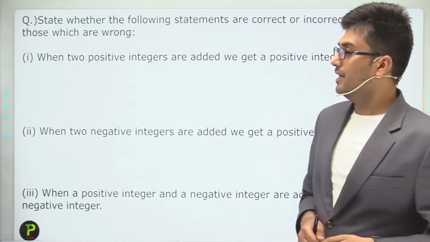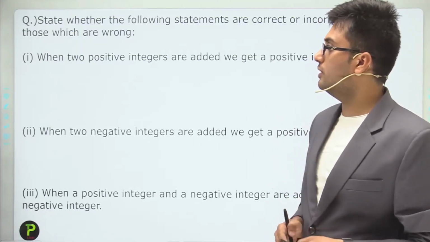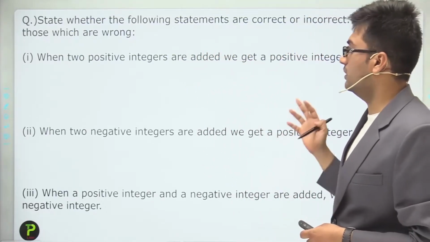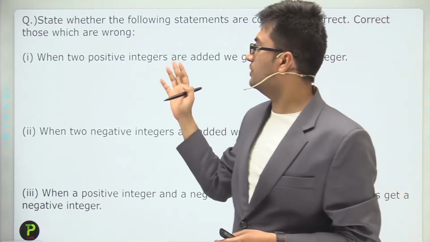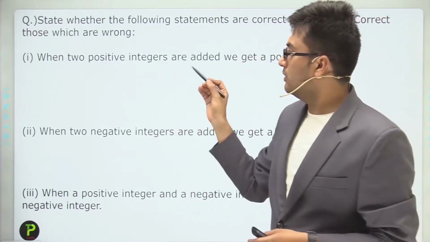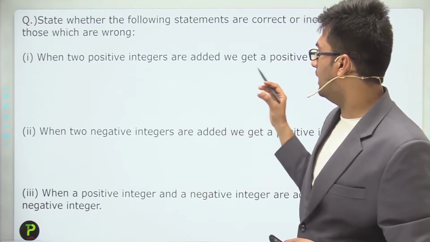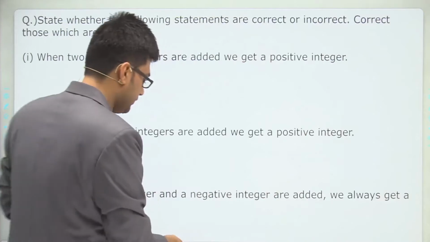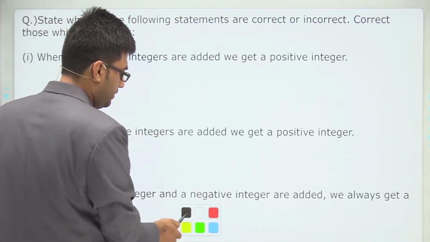Now let's discuss the first question here. State whether the following statements are correct or incorrect. Correct those which are wrong. When two positive integers are added, we get a positive integer.